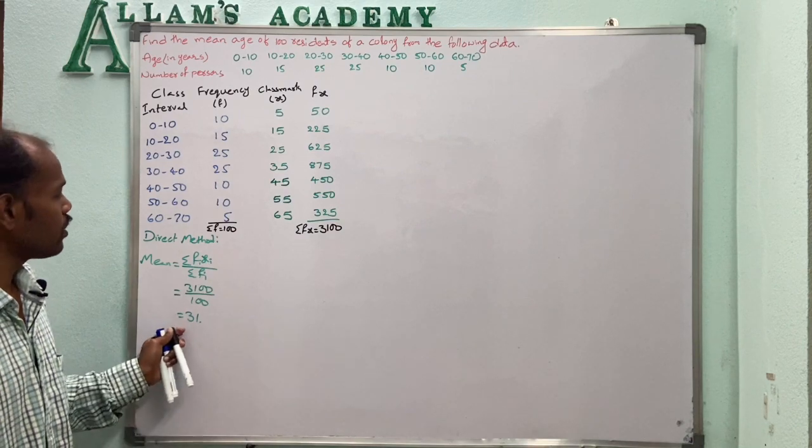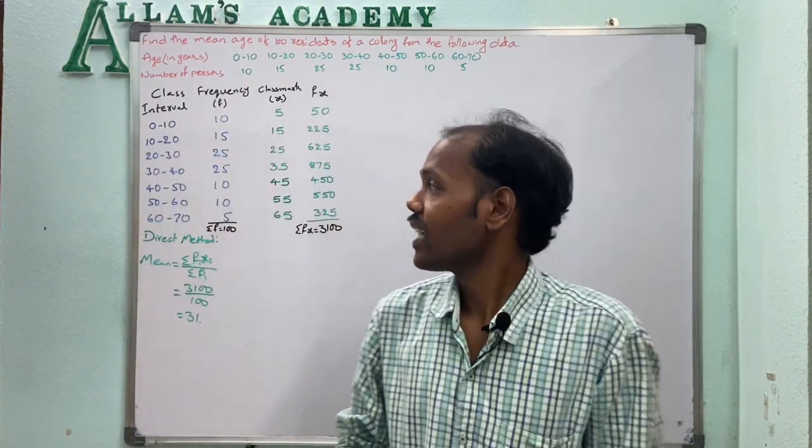So we get the mean of this data as 31 in the direct method.